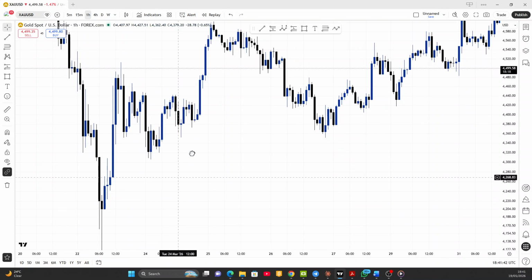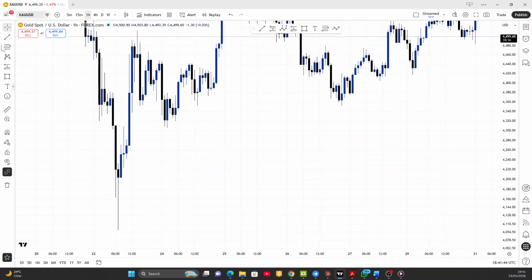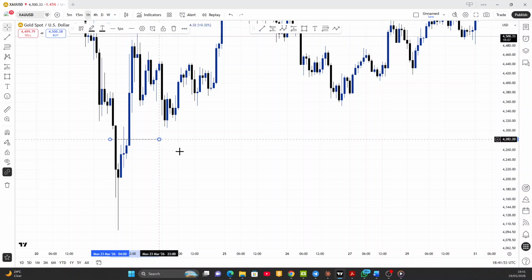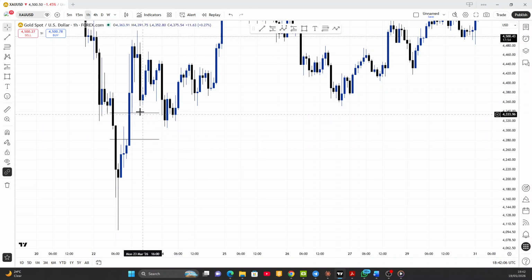Now we can see our gap, the gap between candle 1 and candle 3. This is candle 3, and we can see a clear gap between candle 1 and candle 3.